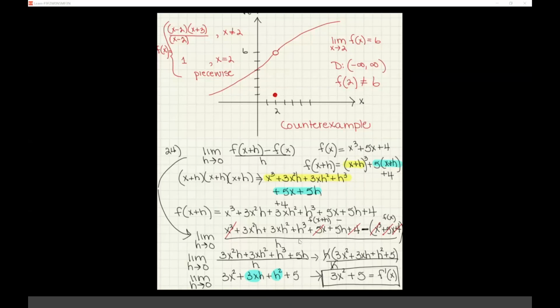This isn't hard. This is tedious. It's tedious to actually expand out binomials or cube binomials. It's tedious to keep track of the signs of everything, but it's not hard. Everybody okay with this?